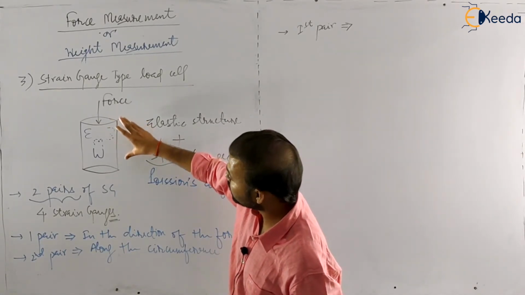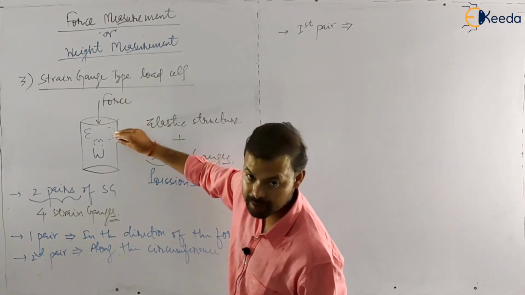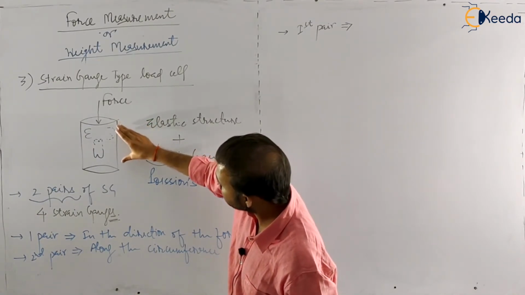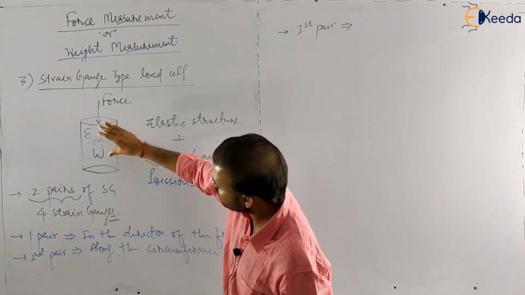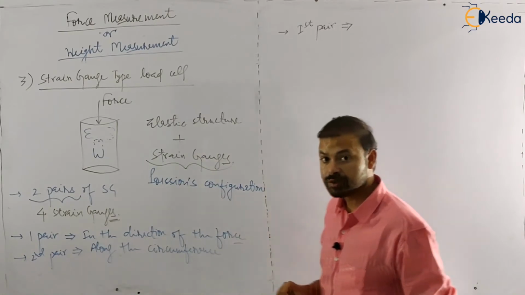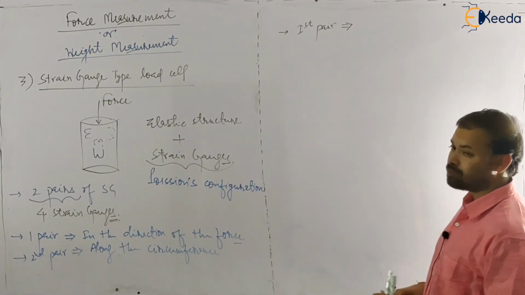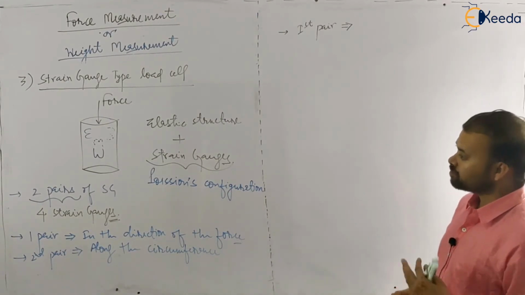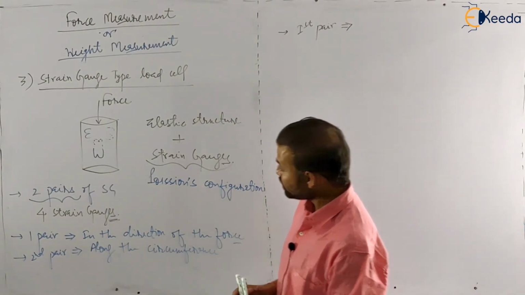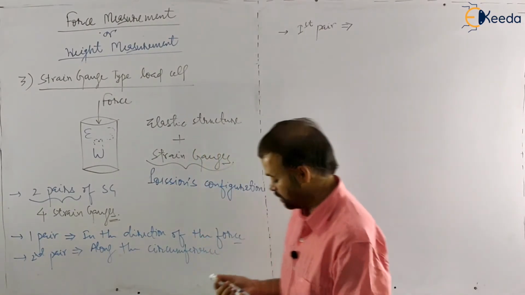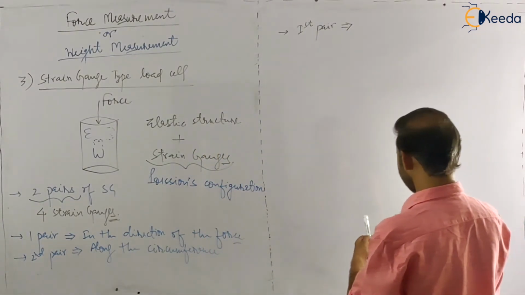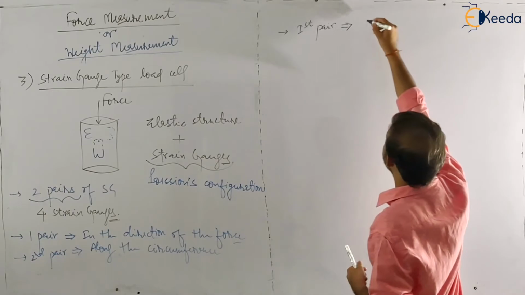It will get compressed by this force. When this is compressed by the force, then the strain gauge will also be compressed. So the first pair, which is connected in the direction of the force, will be facing compressive strain.